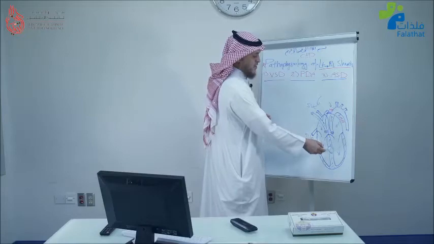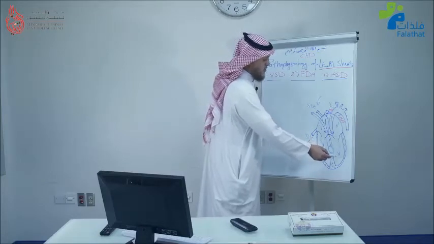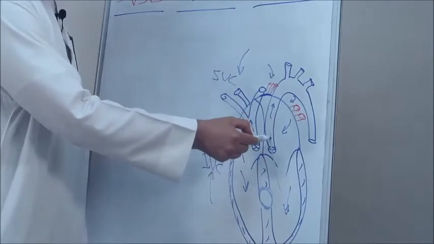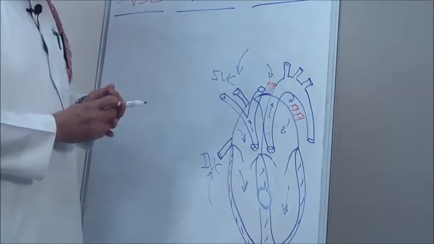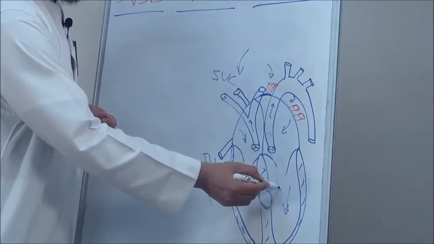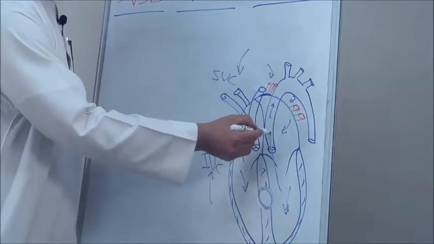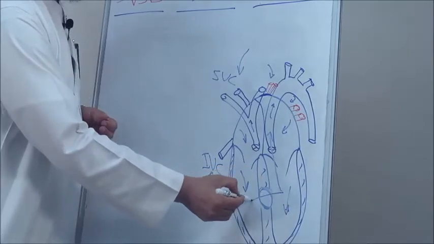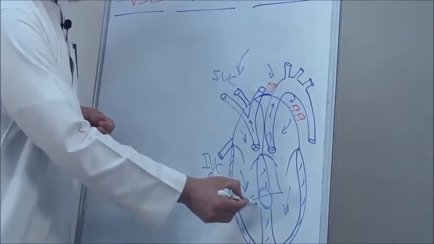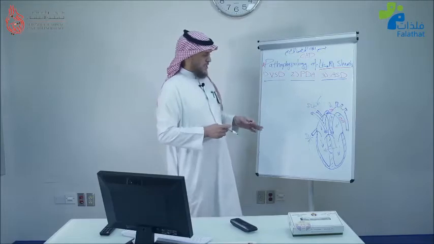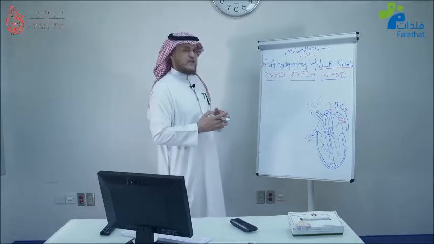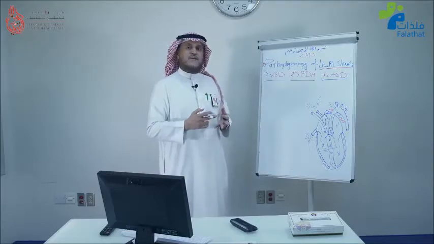If there is a VSD, a ventricular septal defect, the blood will have the choice to go up the aorta, or go through the VSD to the right side. What would determine the blood going this way or that way is obviously the pressure and the resistance.